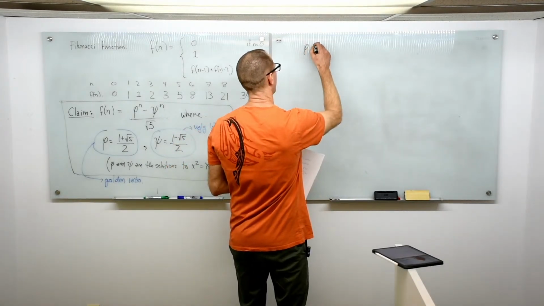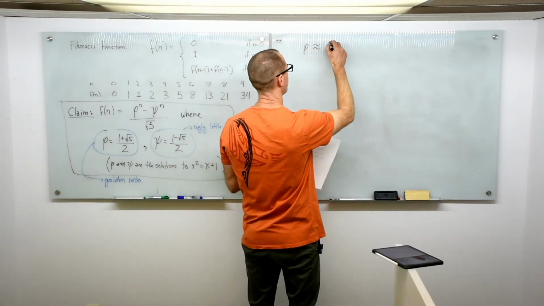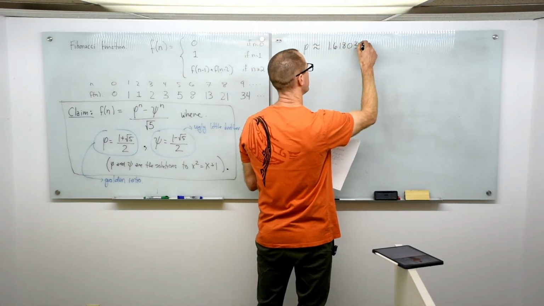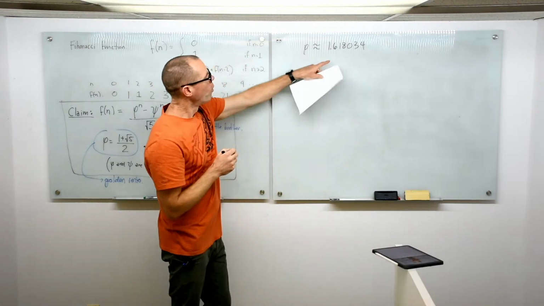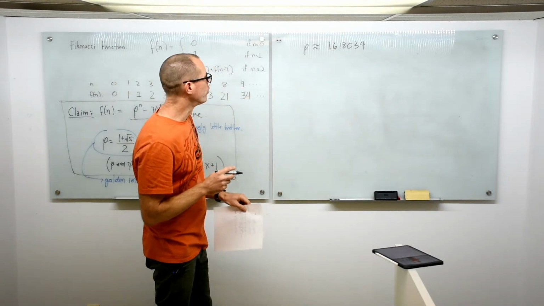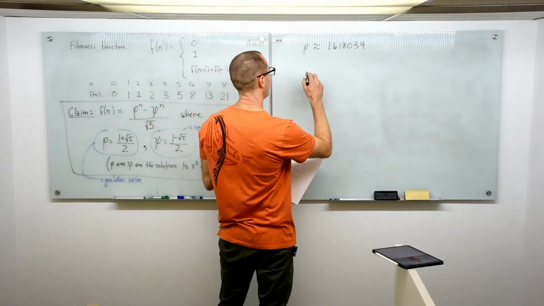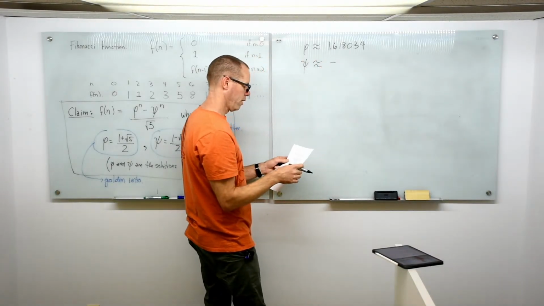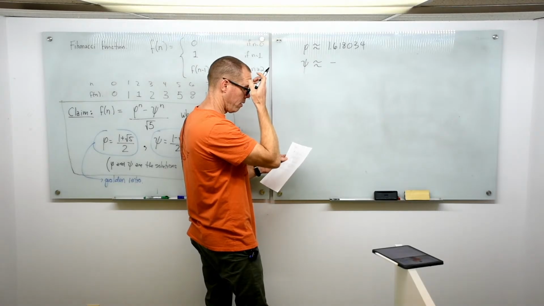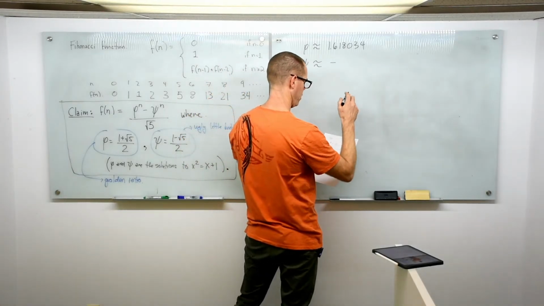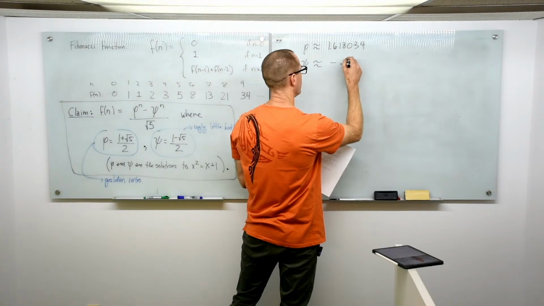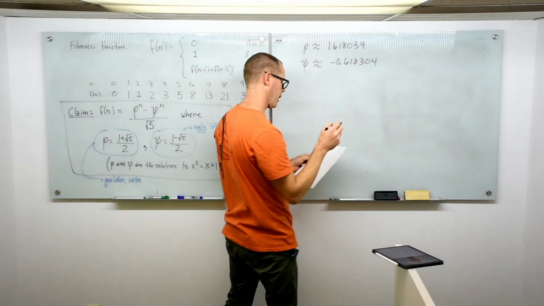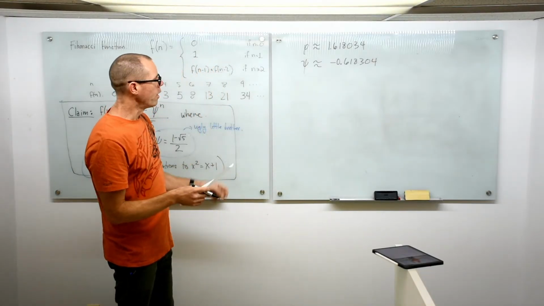Phi is approximately, I mean, it's irrational, so we can't write down the whole decimal expansion, but it's approximately 1.618. That's the beautiful golden ratio. Psi is approximately minus 0.618304. Okay, so that's the ugly ratio.